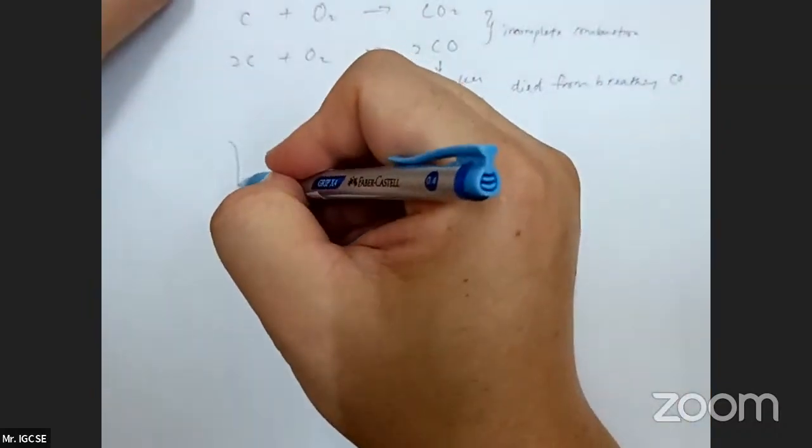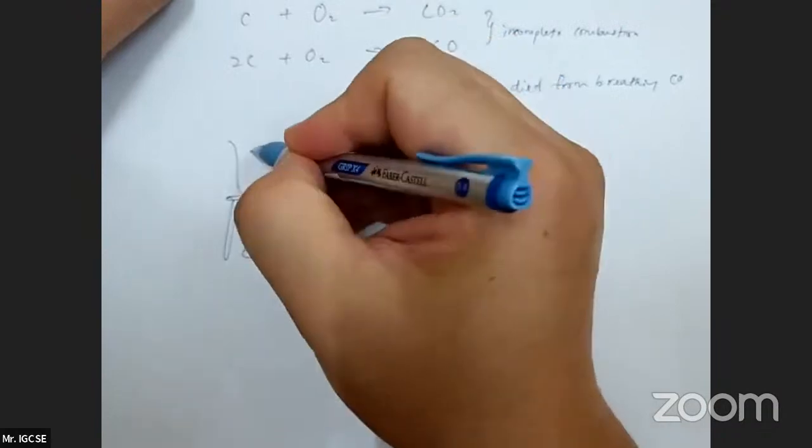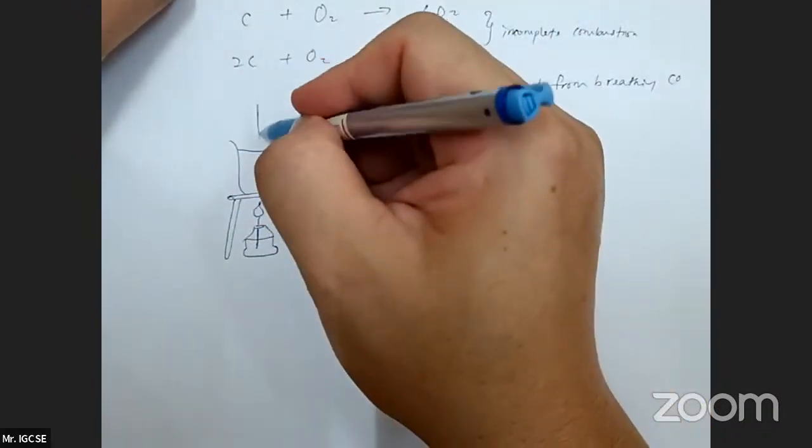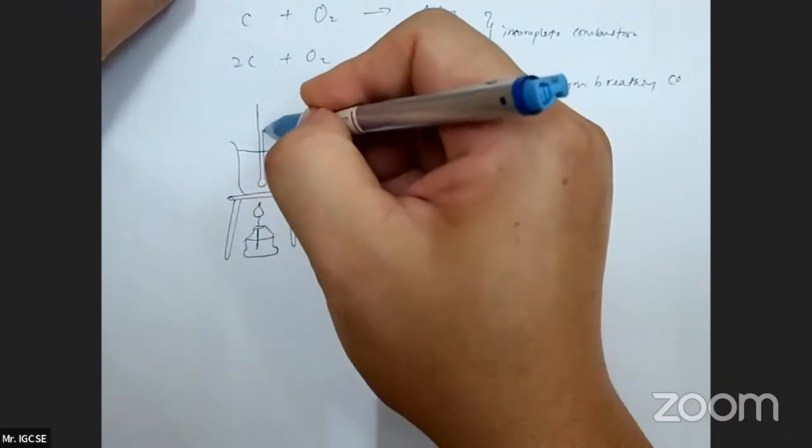You have the beaker with water, and then you have the thermometer. Okay, this is the way of measuring energy in the field.